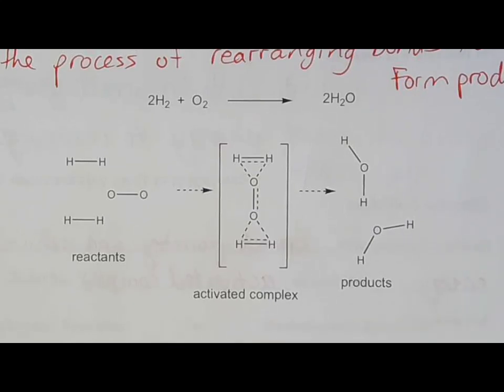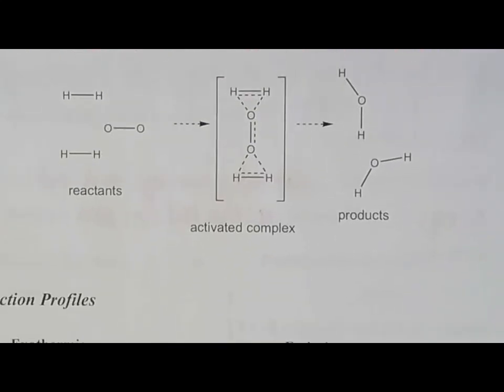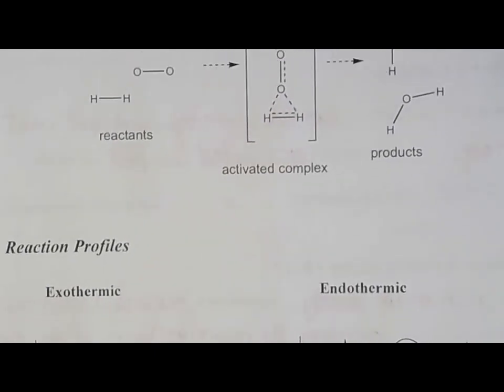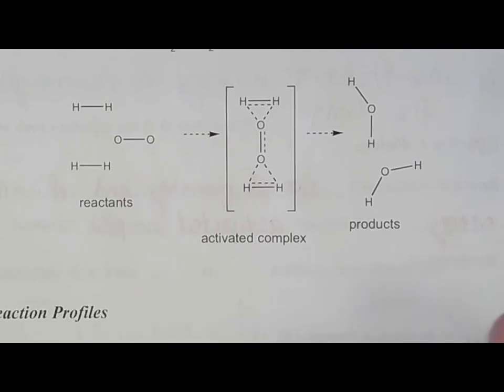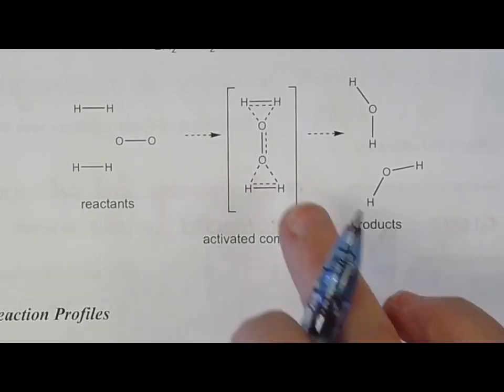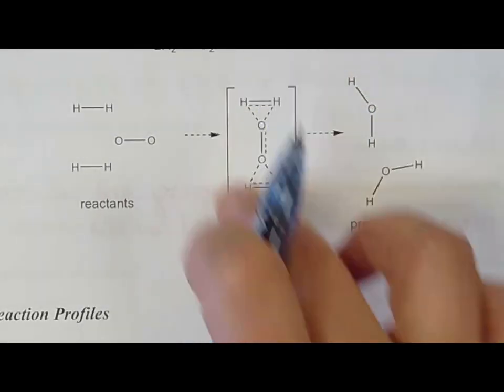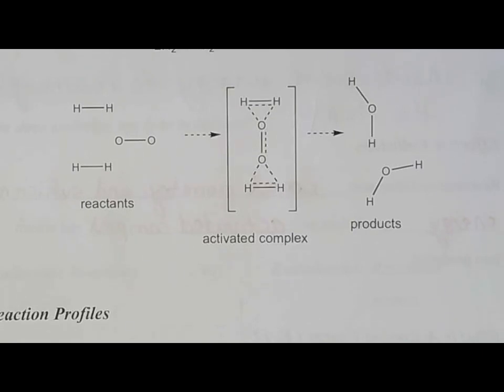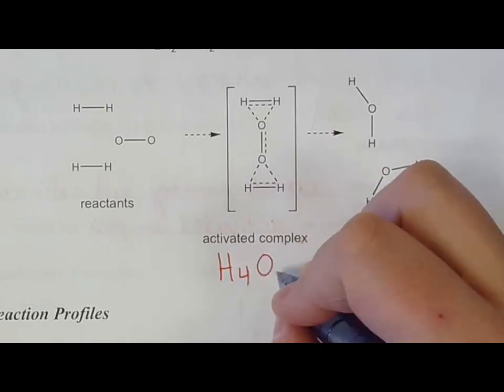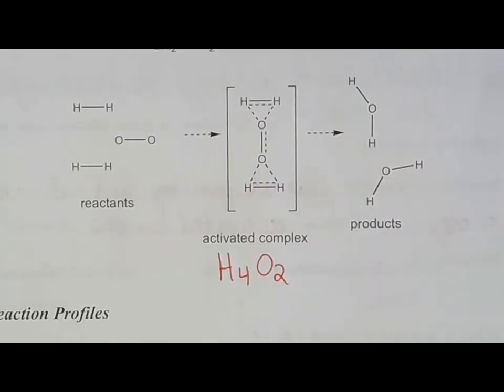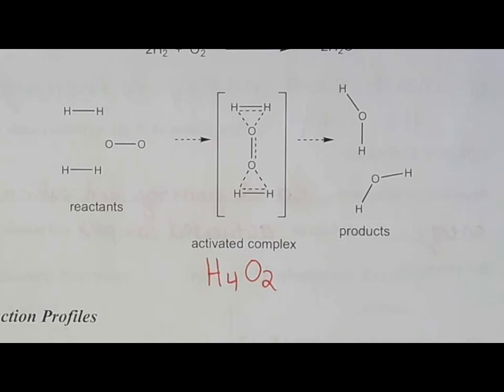We didn't tell you about it, but it was always there. So we have a formula for this activated complex, and I'm going to ask you to give the formula more often than drawing it. So what would the formula be? Do you think, you don't need to say it out loud, but what do you think the formula would be for this activated complex? Yes, correct. H4O2. There are 4 H's, there are 2 O's. That's a question that you would be likely to see.